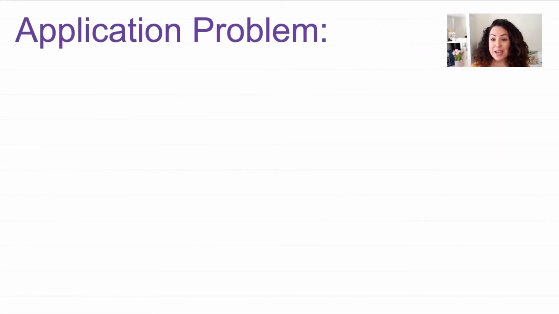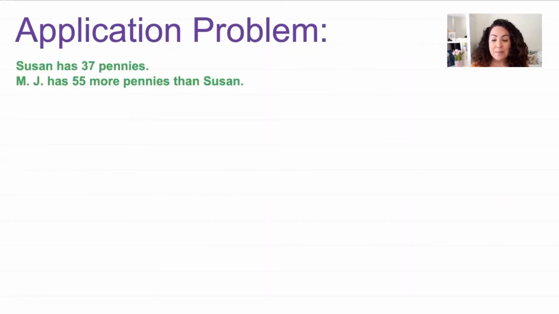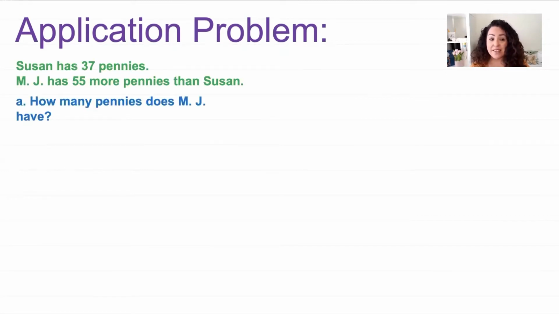Let's start with our application problem. Susan has 37 pennies. MJ has 55 more pennies than Susan. Part A says, how many pennies does MJ have? In order to figure this out, I'm going to use a tape diagram.